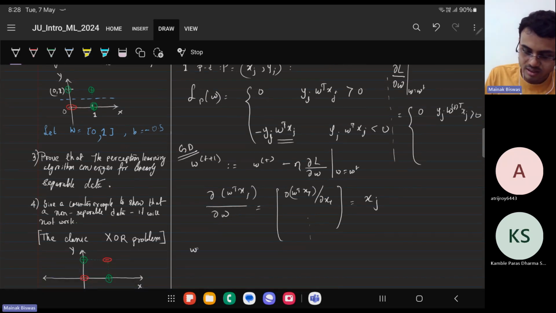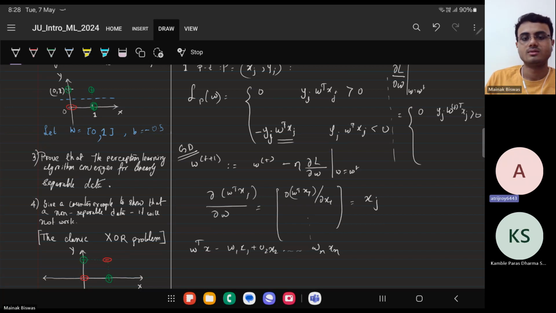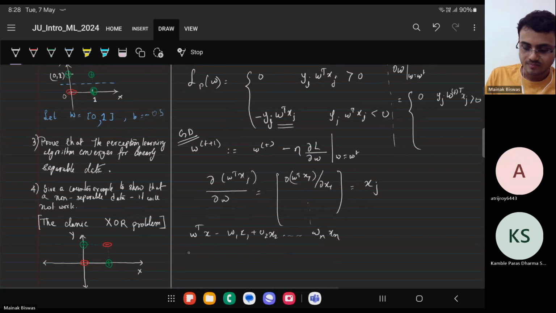What is w transpose x? It is w1 x1 plus w2 x2 dot dot dot wn xn. Yes or no? Now I take the derivative with each component. What do I get?